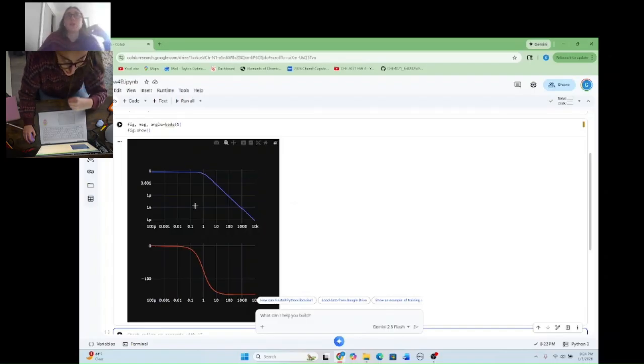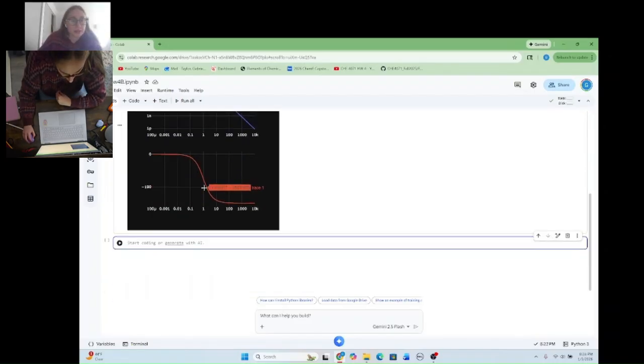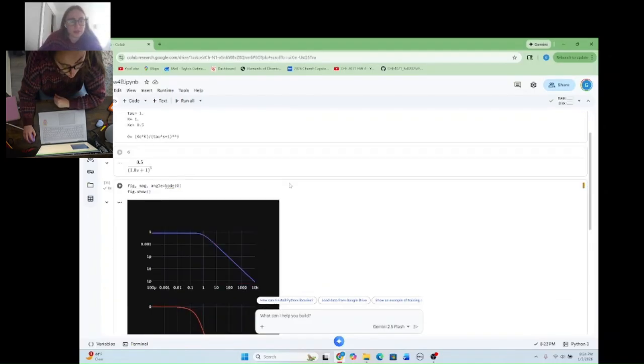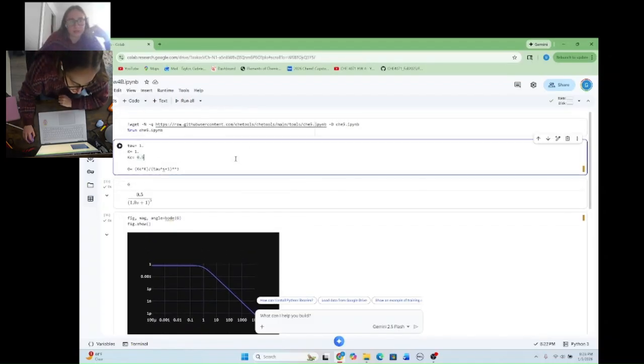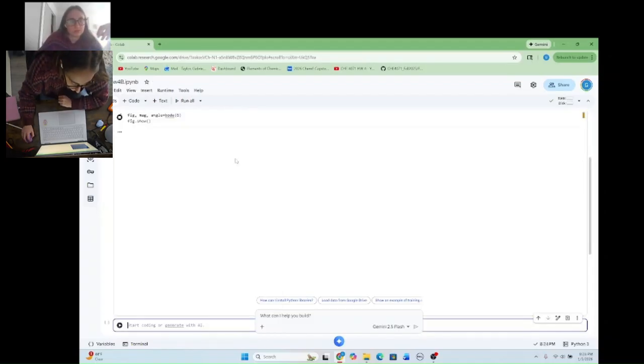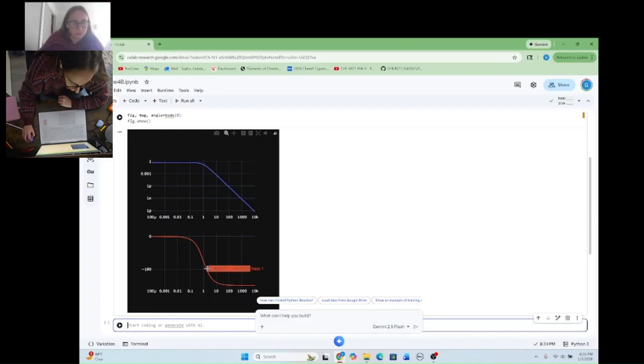We want to know what our amplitude ratio is at our crossover frequency, and it is less than 1.